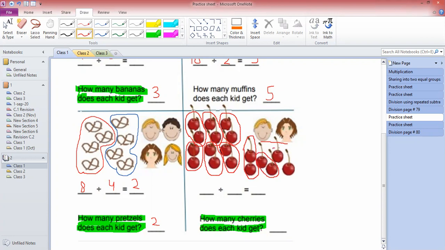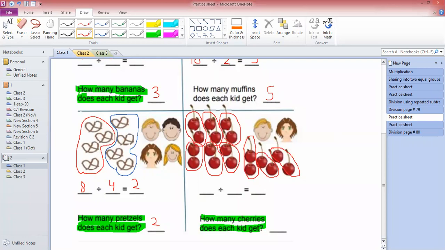And this is the last group. 1 and 2. Now check how many groups you made. How many groups of 2 did you make? Count the number of groups you made and tell me the answer. 9. So each kid will get how many cherries?